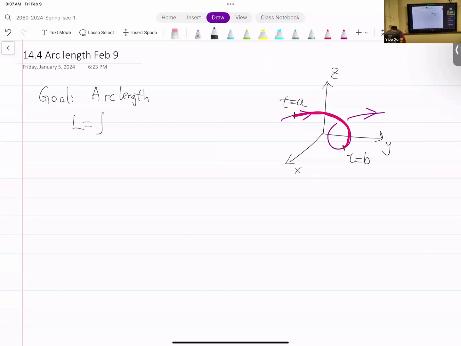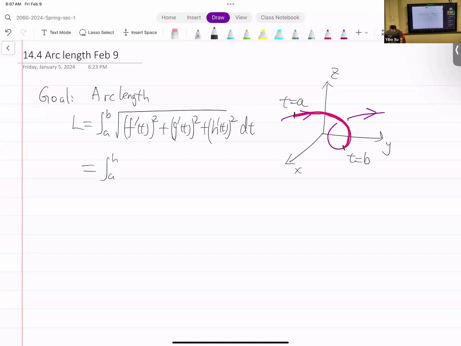The formula here is going to be the integral from a to b of the square root of f prime of t squared plus g prime of t squared plus h prime of t squared, under the square root that you're integrating. If your vector function is f, g, h, then this is exactly integrating the magnitude of your tangent vector.